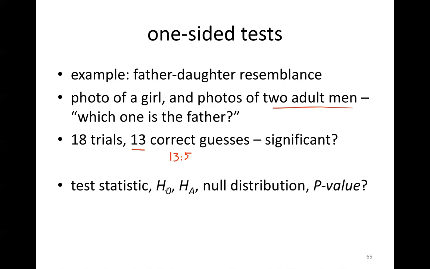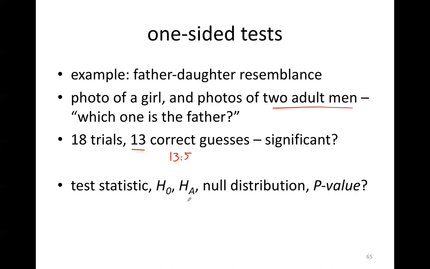And the null hypothesis would be, again, the proportion is 50-50, right? If there is no effect, then the father should be correctly or wrongly guessed with equal chance. So the proportion would be 50%, and the expected value would be 9 again. The alternative hypothesis, now that's different.